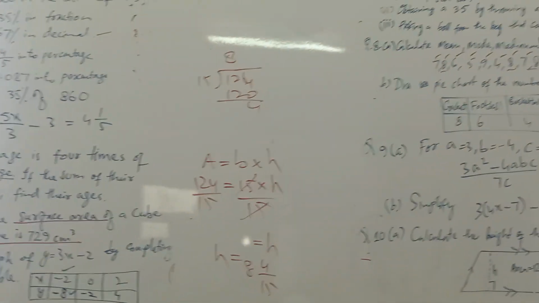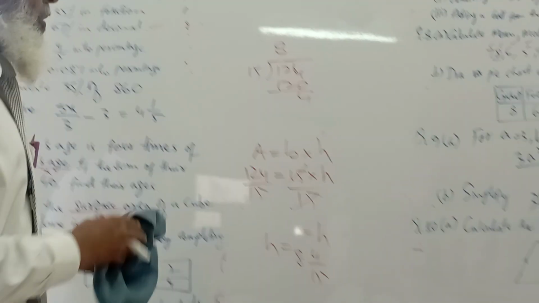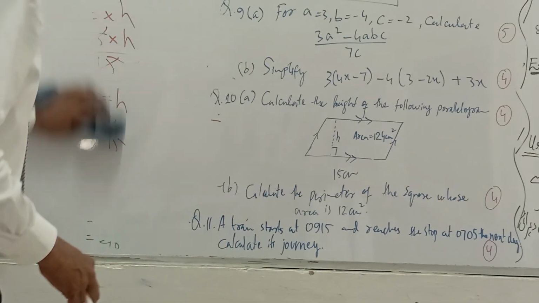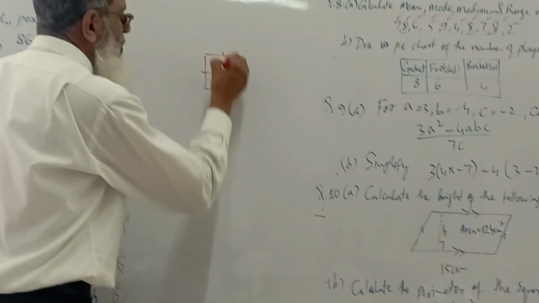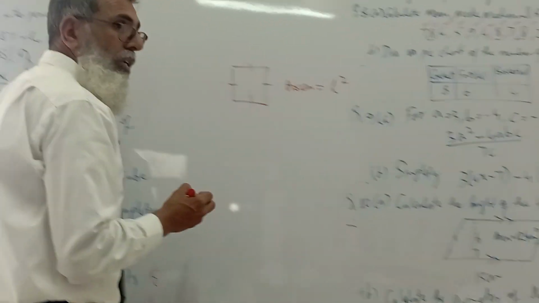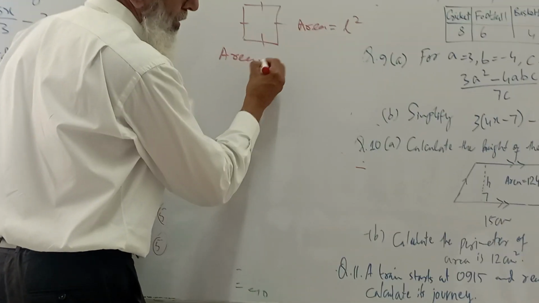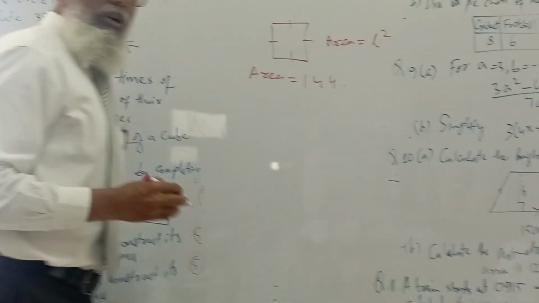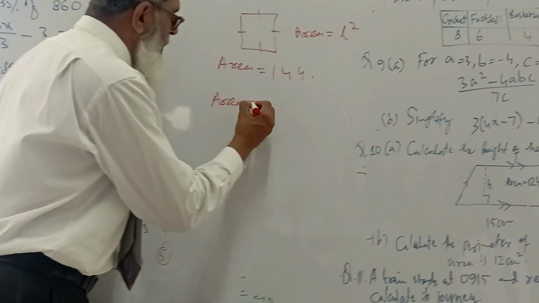Now for the next question, it says calculate the perimeter of a square. We know that a square has all sides equal. Area of a square is length square, and its value is already given, which is 144.